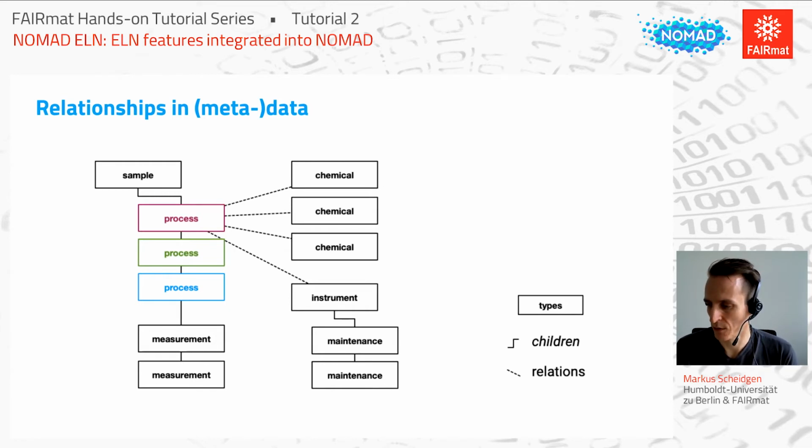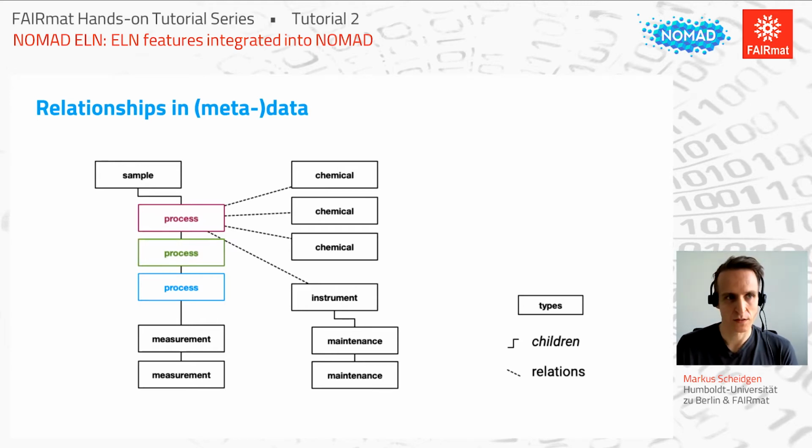What I want to highlight here is that there might be different types of relationships between your data objects when you design a schema, or when you want to design a system that allows you to provide this data. And this is also a little bit different to, I think, what most of the ELNs are doing, at least based on what Mark was talking about yesterday.